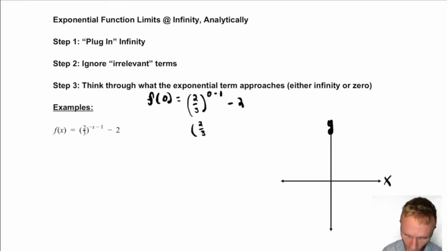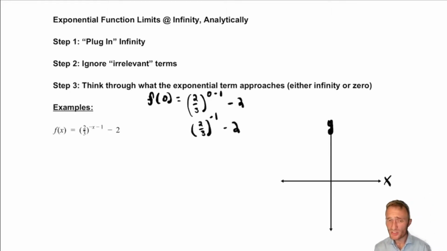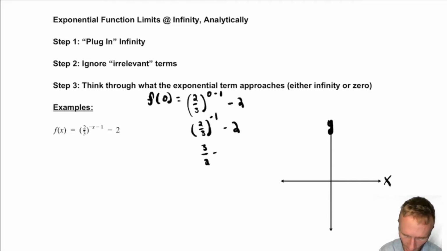We have (2/3)^(-1) minus 2. Remember, negative exponents, this means 1 over 2/3 to the positive first. So 1 divided by 2/3. We've got here 3/2 minus 2. That's 1.5 minus 2. We're going to call that -0.5. So I'm going to go ahead and put a hash mark at 1 and a little y-intercept there at -0.5. So that's how that exponential function works.